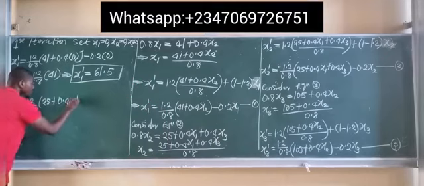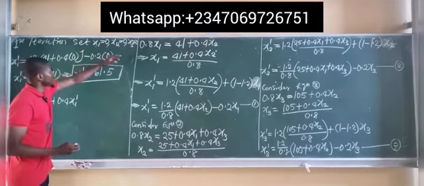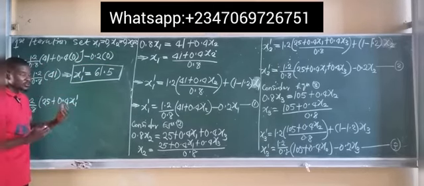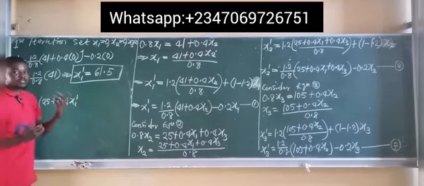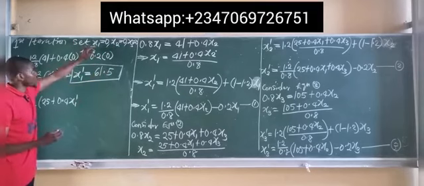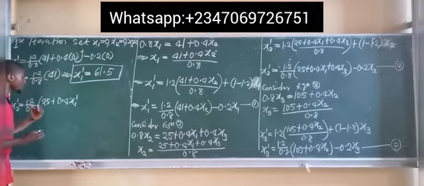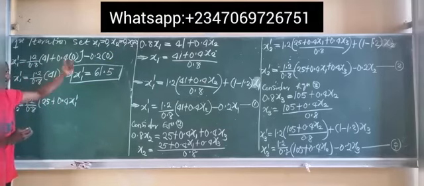This becomes x1 prime. The reason why we set x1 here as 0 and x2 as 0 is simply because in the previous iterations, there were no initial iterations. Since there was no initial iteration, we simply assume that previous iterations are 0. So it becomes x1 to be 0, x2 to be 0, and x3 to be 0. But in this case now, we've done an iteration value for x1. So we consider all the previous iterations.